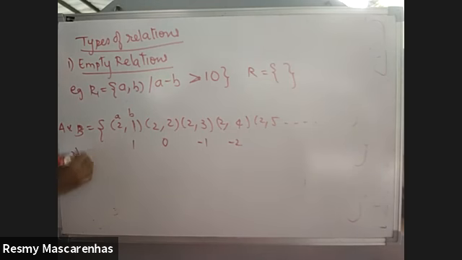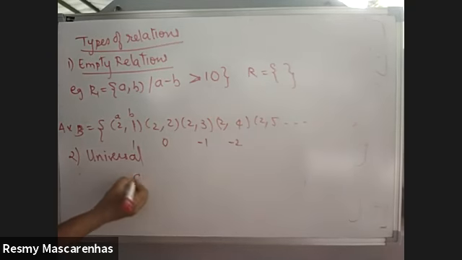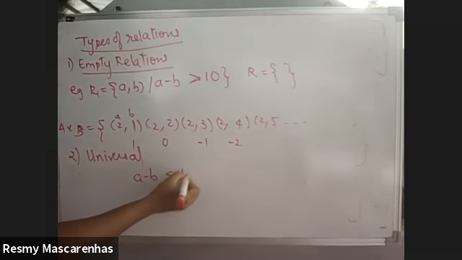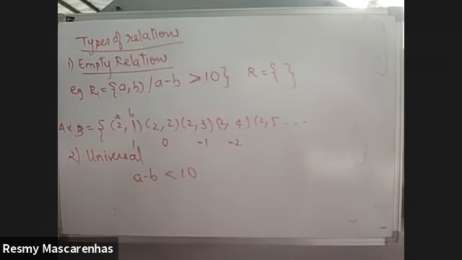Now second one, universal. Universal will have all the pairs, exactly all the pairs of the Cartesian product. The full set will come up. So the example is A minus B is less than 10.